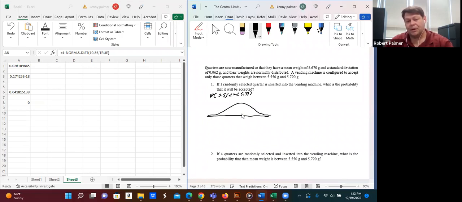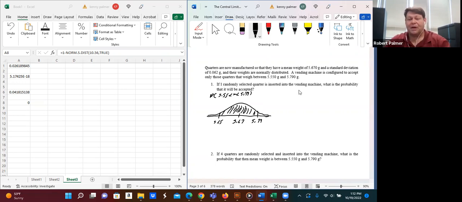I already know it's normally distributed, so here's our mean of 5.67. And the question is, if we're between 5.55 and 5.79, so basically we want to find the probability that we're in this area. If we want our quarter to be accepted, what's the probability that one quarter will be accepted? It's a probability between those two.